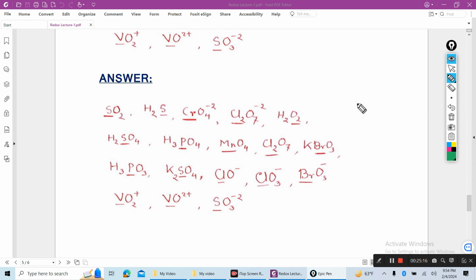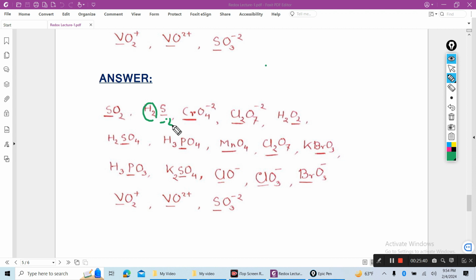Now you see the answer. Here sulfur, if you find X, so if you calculate, you will get oxygen 4 times minus 2, minus 8... sulfur will be +4. Here 2 hydrogen plus 2, so sulfur will be -2.